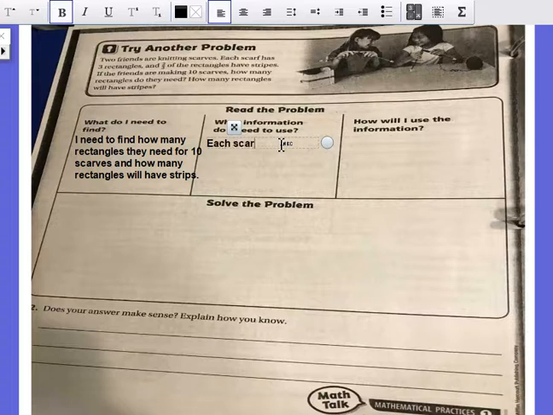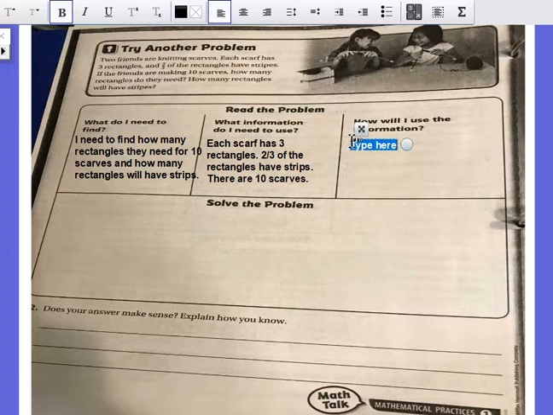Each scarf has 3 rectangles. 2/3 of the rectangles have stripes, and there are 10 scarves. How will I use the information?